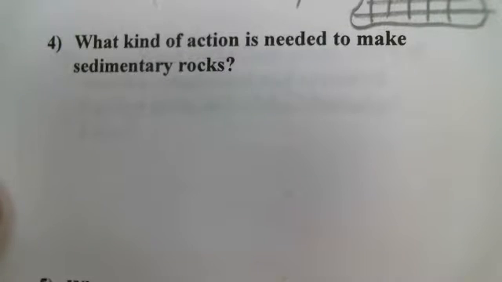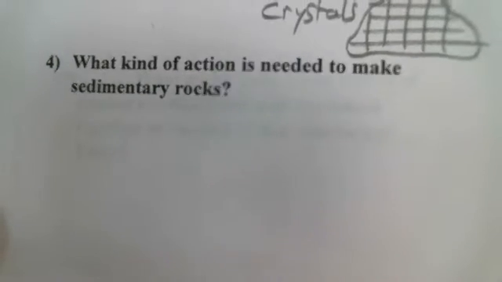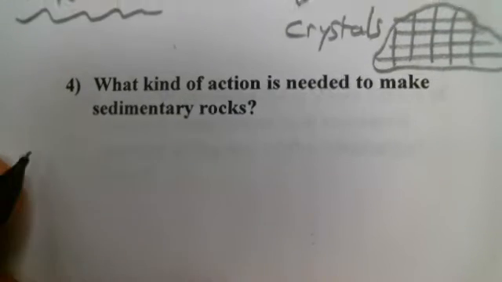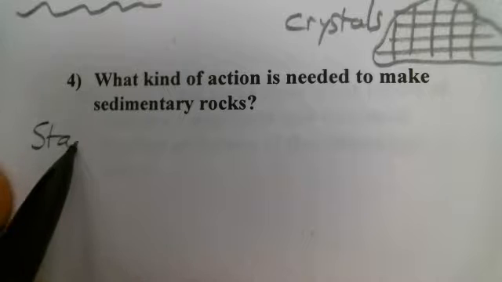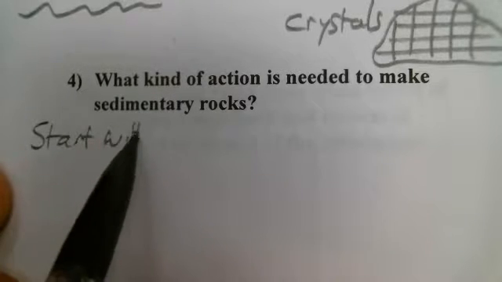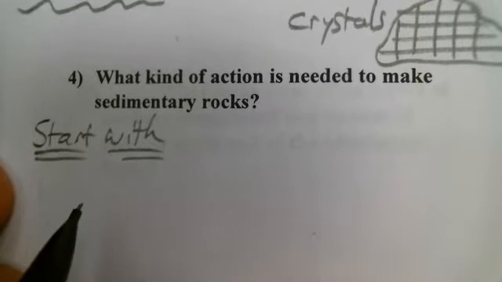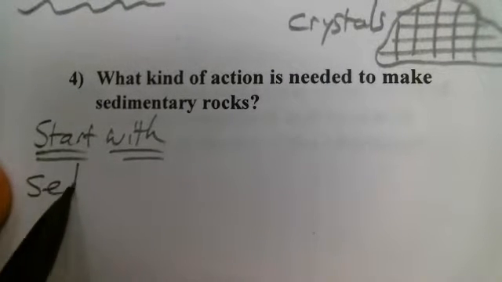Okay, if you got question number 4 wrong, please copy this one. If you got question number 4 right, you can skip this section. What kind of action is needed to make sedimentary rocks? Okay, we start off, please copy this down, we're going to start with sediments.